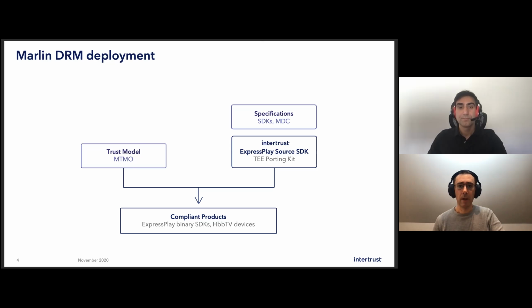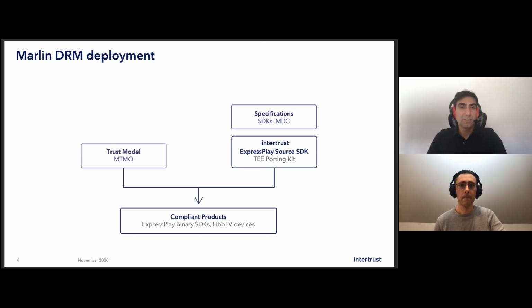And then a compliant product or compliant service can be put on the market. As illustrated here, examples of such compliant products could be the ExpressPlay binary SDK for mobile applications, or some A2B TV compliant TV sets, like those TVs that we see being deployed in the European market. Thank you, Nicola.